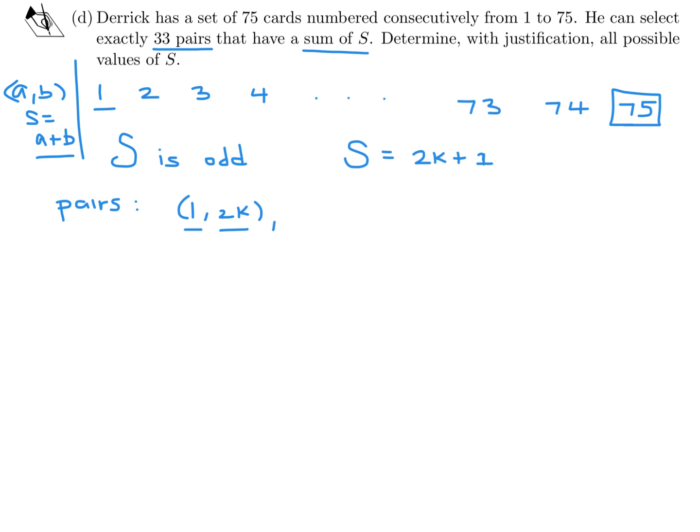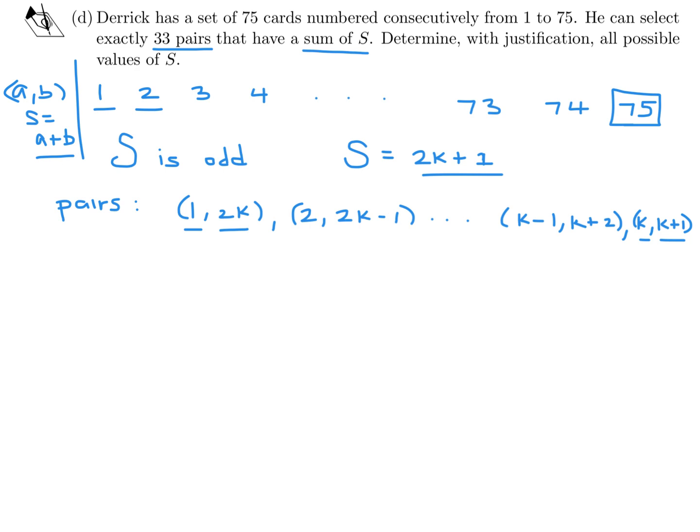The next would be 2 and 2k minus 1, moving right along, all the way to the end: k minus 1 and k plus 2, and the very last one, k and k plus 1, because then the sum would be 2k plus 1.